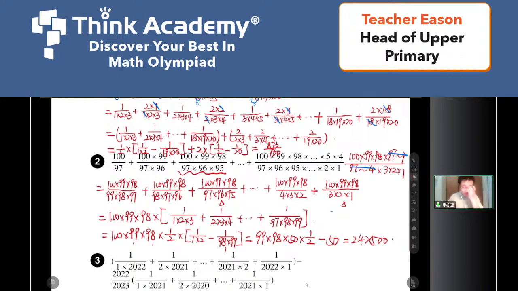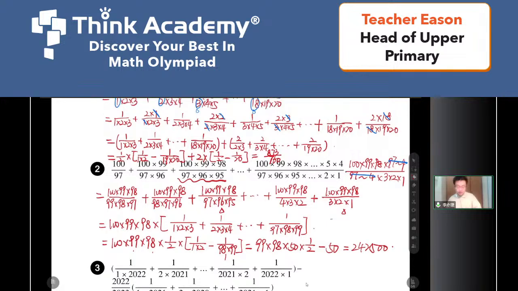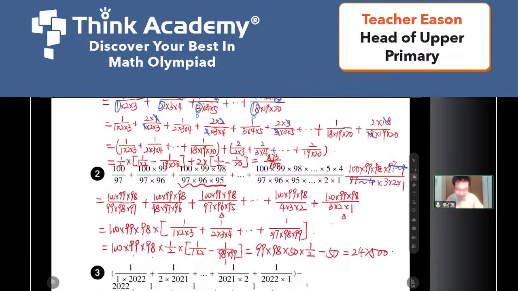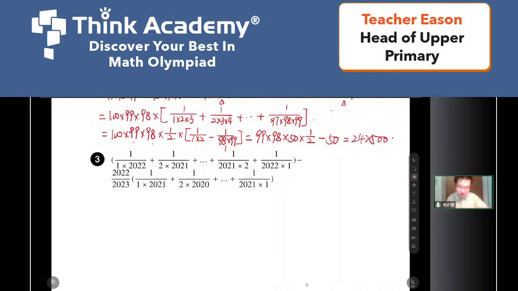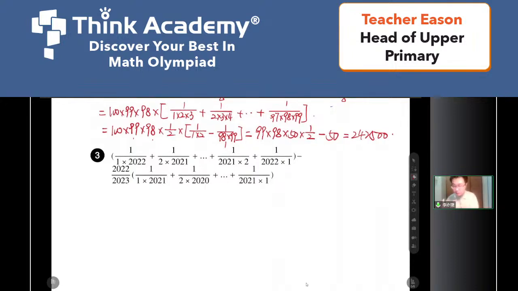So now this is the second question of the fraction splitting terms. And the third question is a little bit different, because instead of splitting into differences, this question is about splitting fractions into their sums. I will start from that. So now we have two parts. The first part, we will see 1 over 1 times 2022, 2 times 2021, and then till the end.